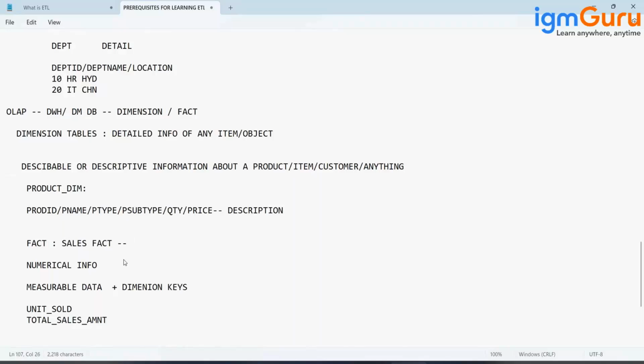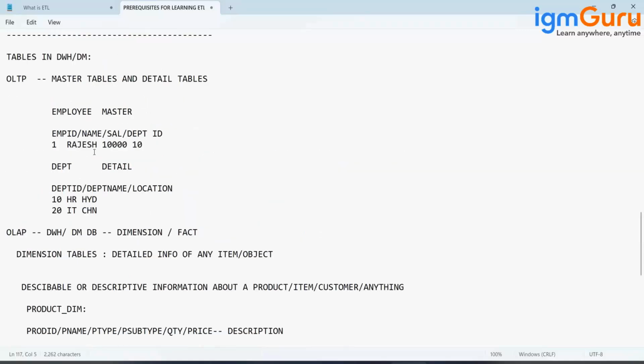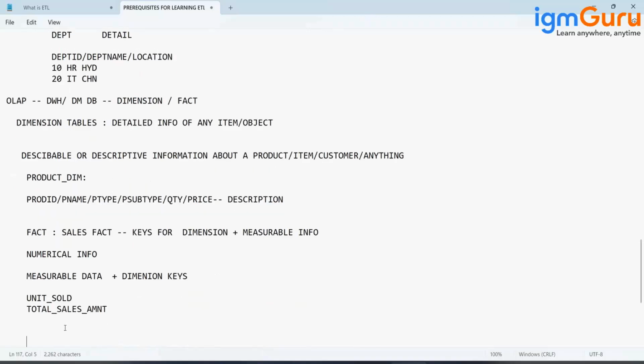First, the keys from the dimension tables, the primary keys from the dimension tables, and second, the measurable information. So this is, at a high level, how to understand the various tables we use in data warehousing systems: dimension tables and fact tables.